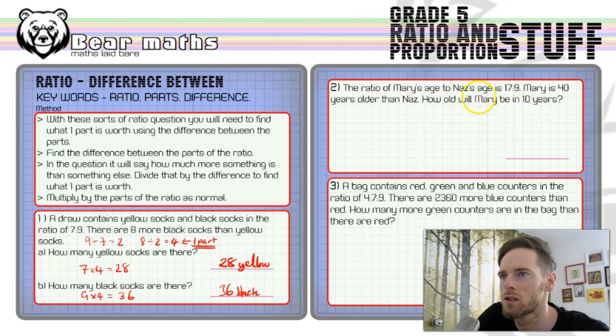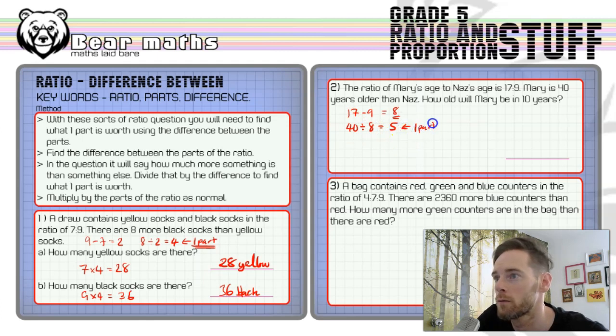So the ratio is 17 to 9, so we're going to do 17 minus the 9, find the difference between the parts of the ratio. That's going to give us 8. Okay, Mary's 40 years older, so 40 divided by 8 is 5, so each part of our ratio is worth 5.